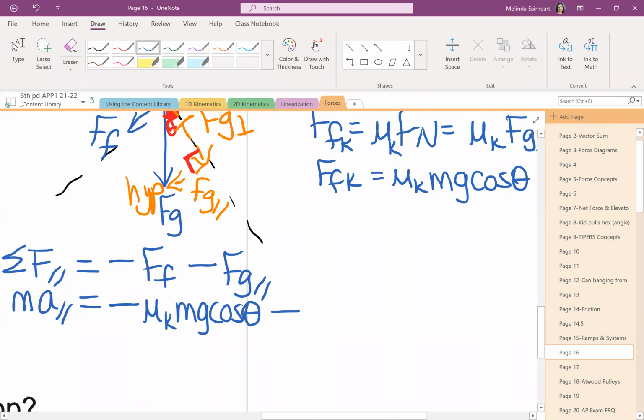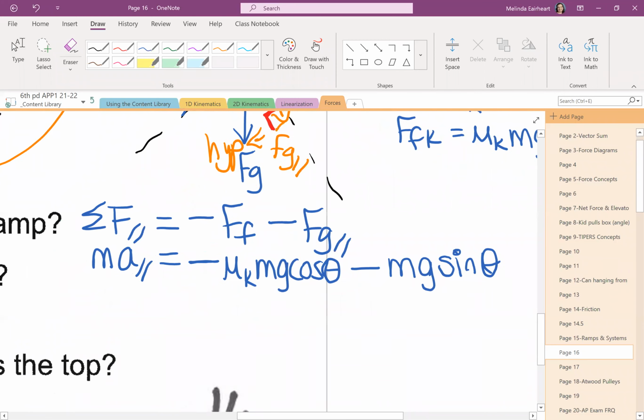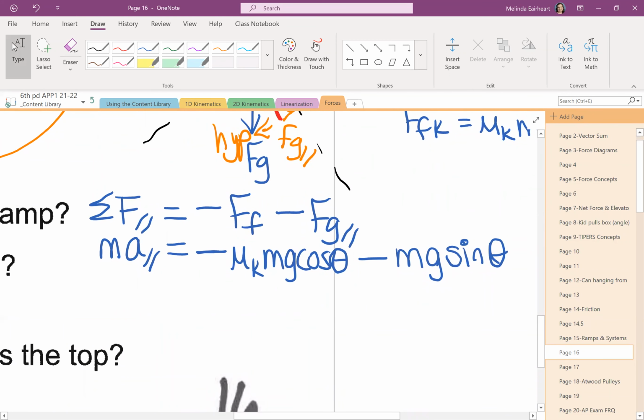Well, FG parallel, if you look at the triangle, is opposite. FG is your hypotenuse, so which trig function are we going to use for the parallel component? Mg sine theta. Look at that expression. Aren't you glad we started out with a frictionless ramp?